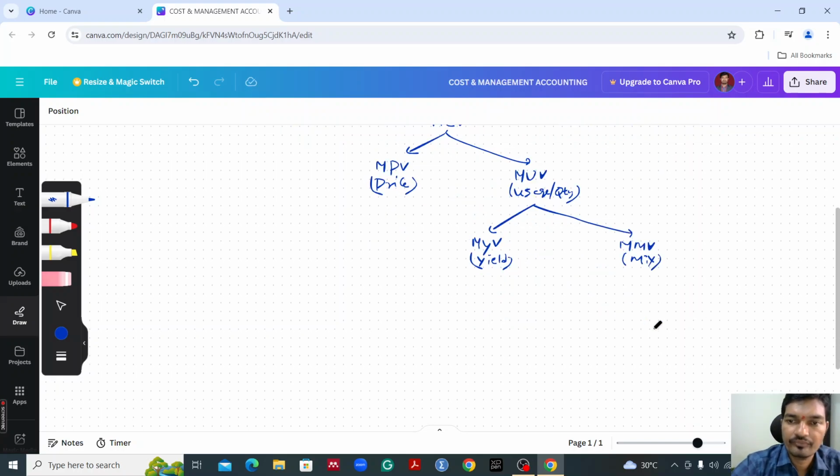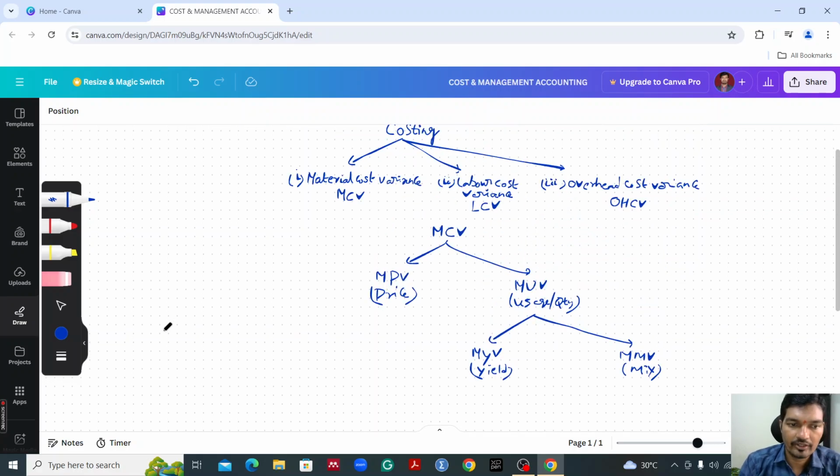Subsequently, we need to verify this. MCV is equal to MPV plus MUV, and we can also verify the MUV: MYV plus MMV.